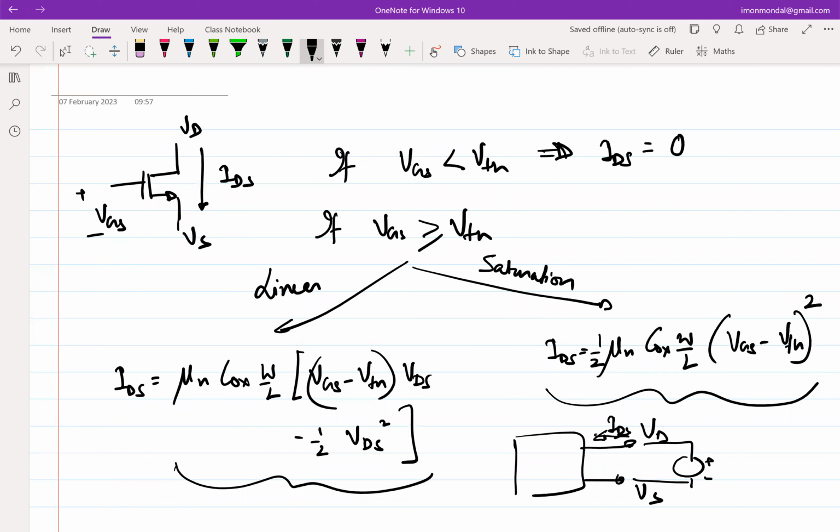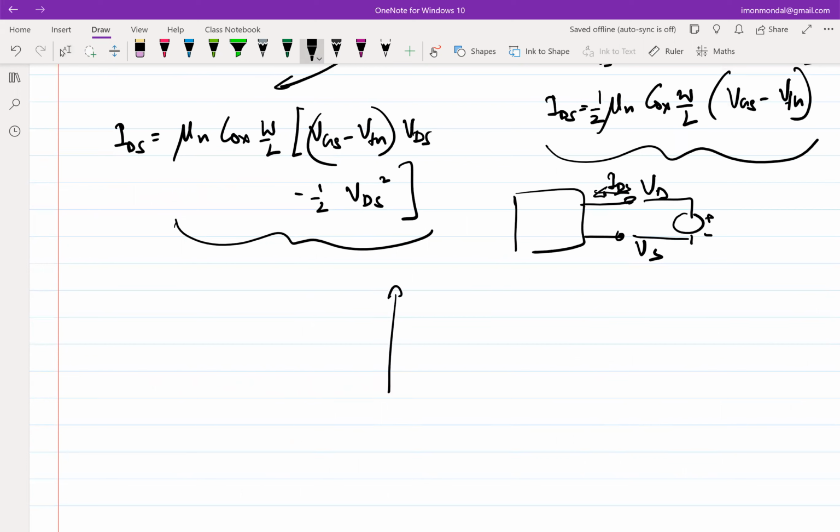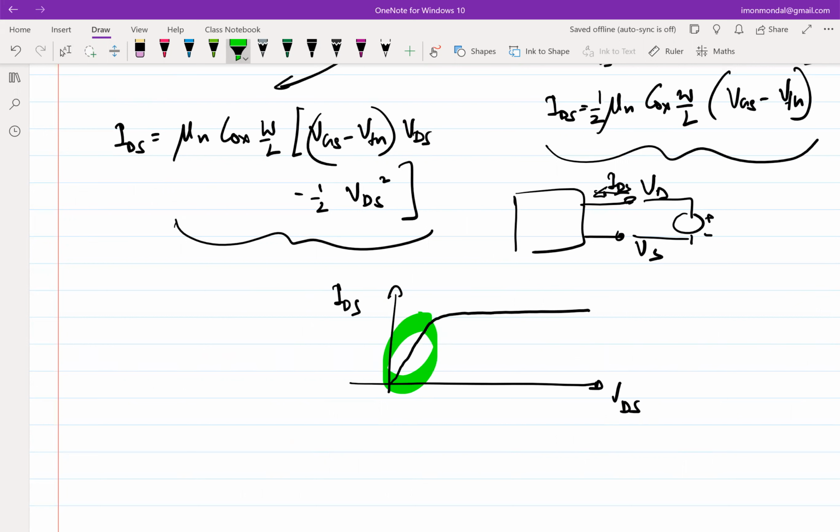Exactly. It appears to be a current source through its output terminals, because you are changing the voltage but not seeing any change in current. This is the characteristic of an ideal current source. And this should not surprise us, because the plot between IDS and VDS was something like this, where in this region you see a strong dependence of IDS on VDS, and in this regime you are not seeing any dependence of IDS on VDS.